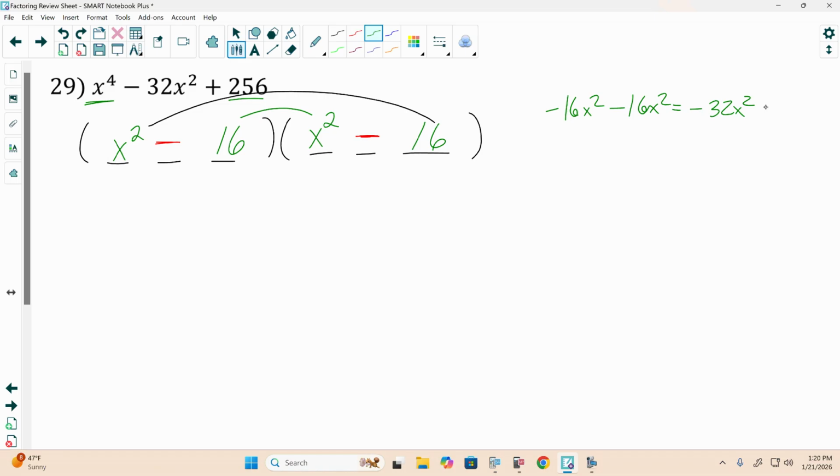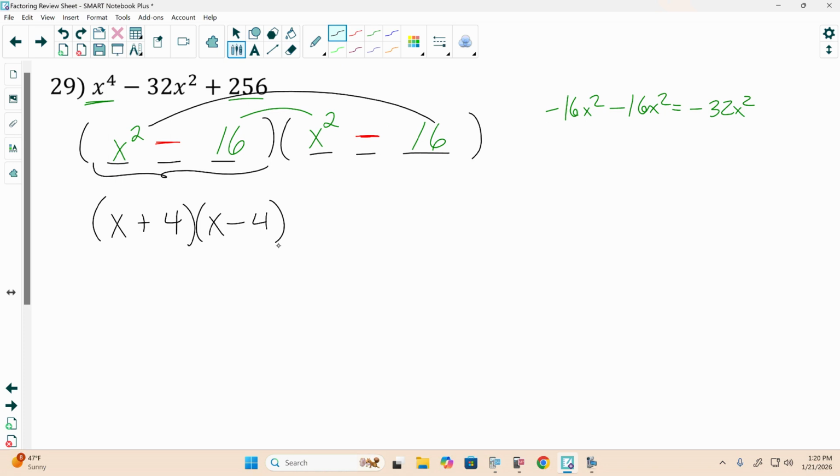We're not done. X squared is a perfect square, yes? Is 16 a perfect square? So x squared minus 16 is the difference of perfect squares. X squared would be x and x. 16 is 4 and 4. So x plus 4 times x minus 4, yes?